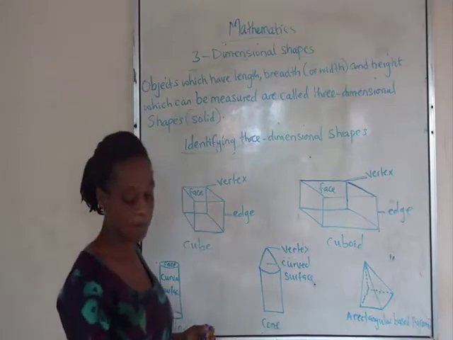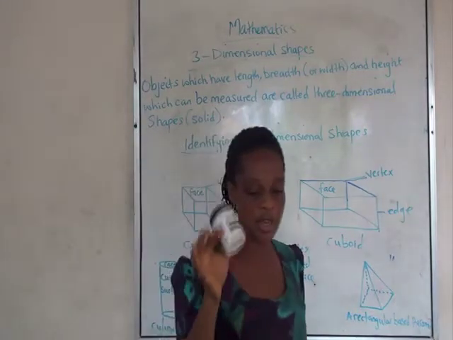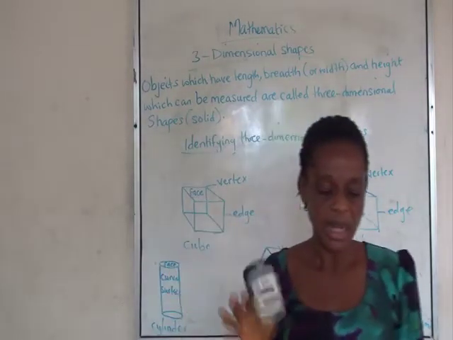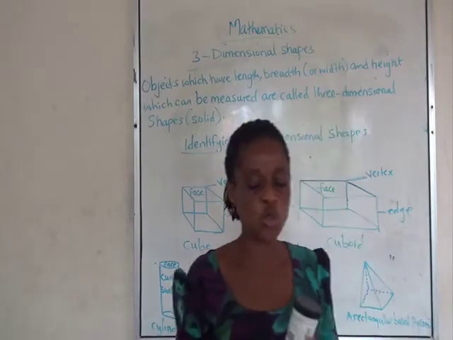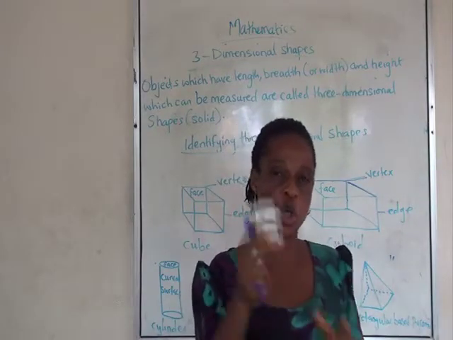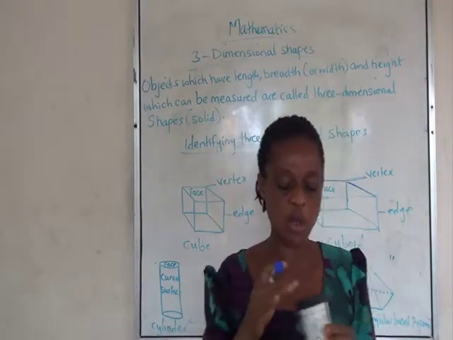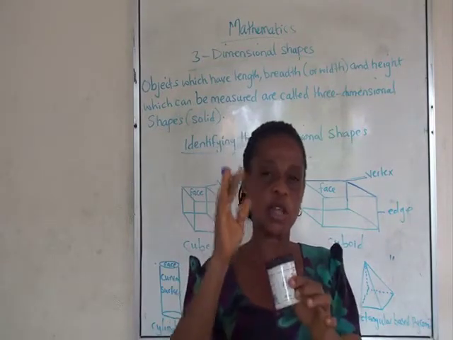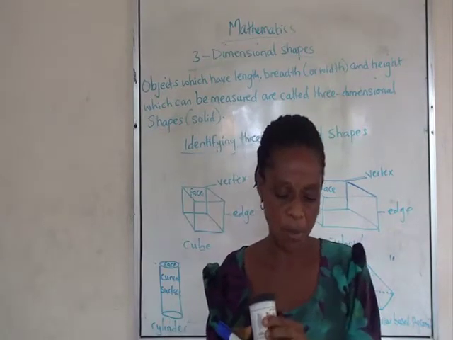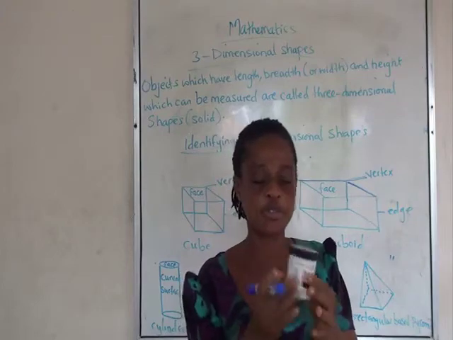We have another example of a three-dimensional shape, which is the cylinder. This is an example of a cylinder. The tin has 2 circular faces, the top and the bottom, and it has a curved face.